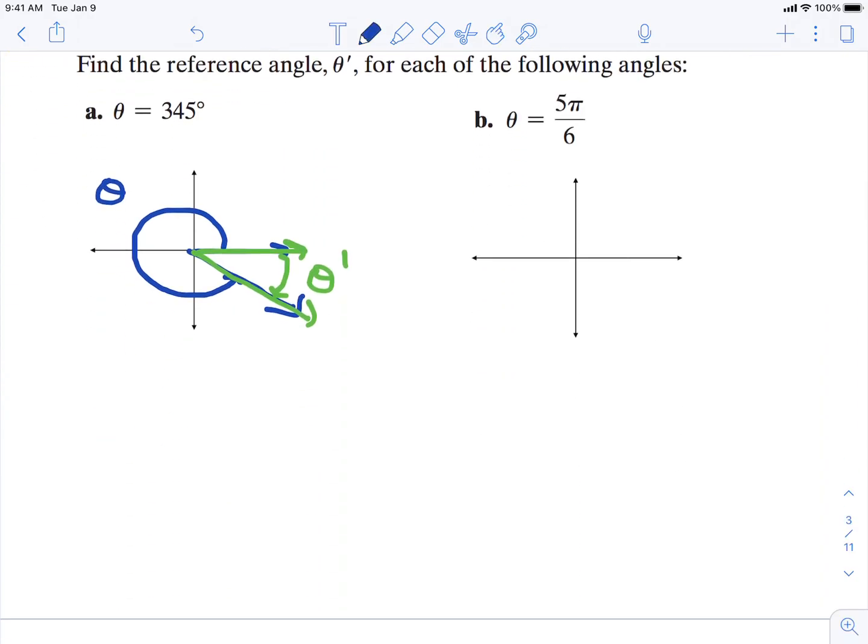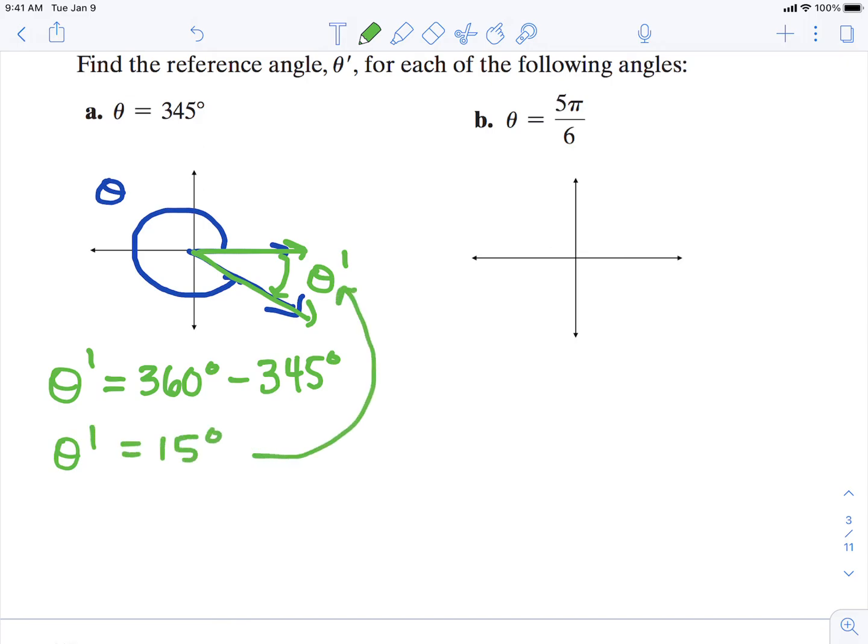So we want to take this full revolution of 360 degrees, and then we're going to subtract out 345 degrees, the blue. And what we're left with is 15 degrees. So that's how large this small angle would be, 15 degrees.